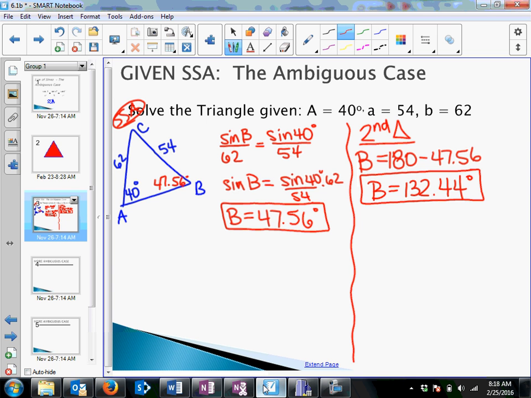Angle C. So we have the sine of angle C over side C. Wait, hold on. We need to find angle C. Sorry. How do we find angle C?